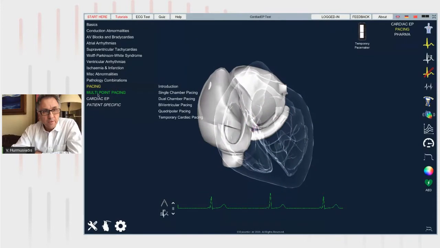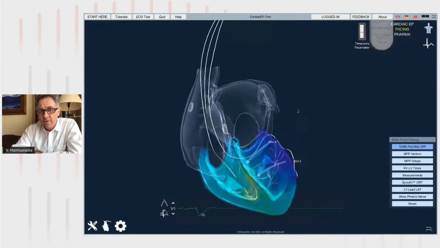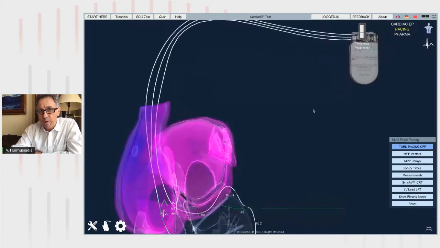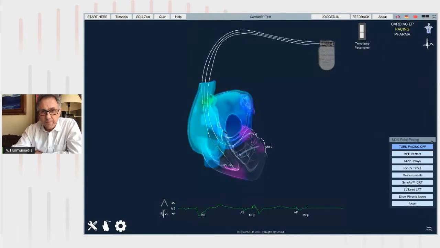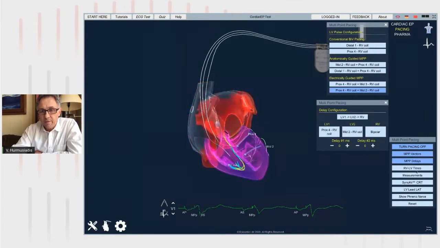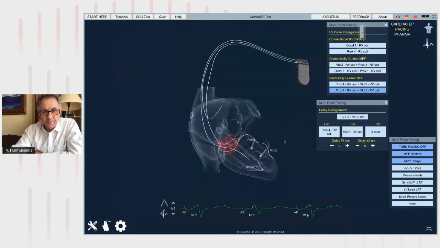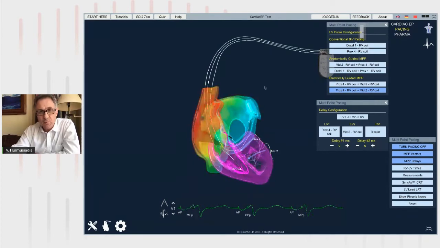Let's go to a more advanced multi-point pacing tutorial where it will show us the quadripolar pacing with a St. Jude Medical Abbott device. So this will go very advanced into how to program the specific pacemaker. So it starts simple and advances to quite high.